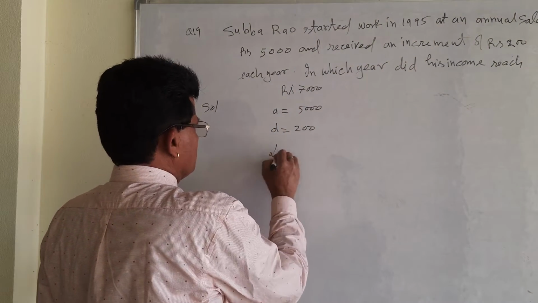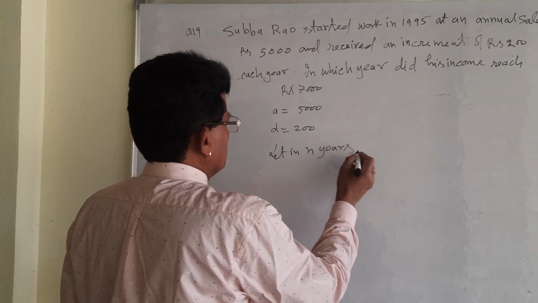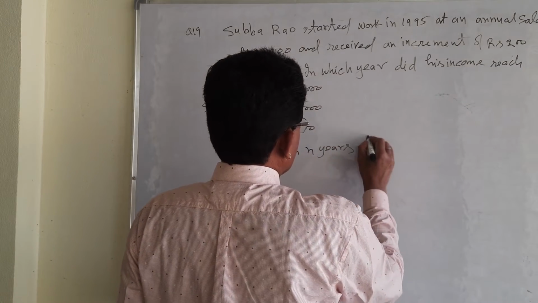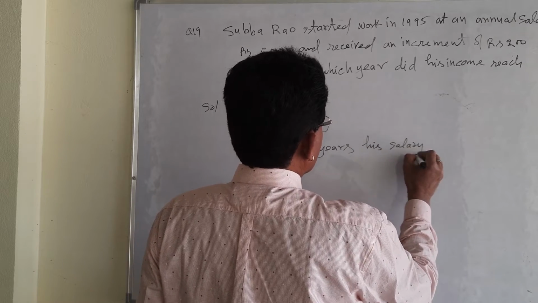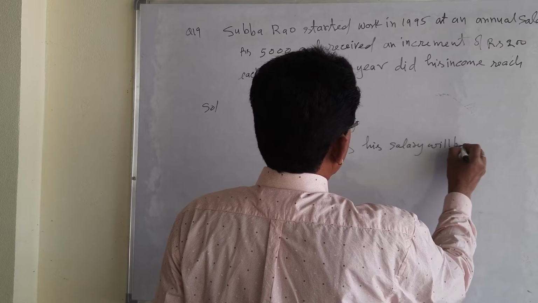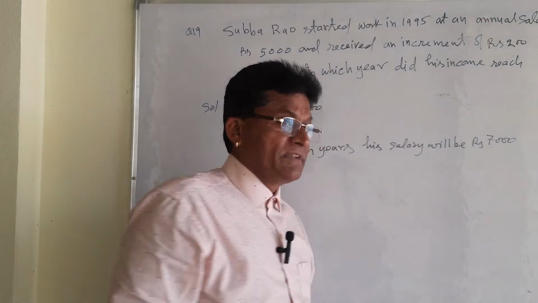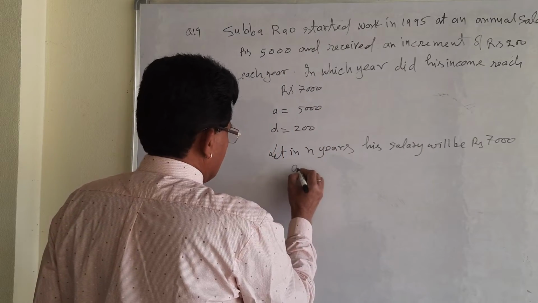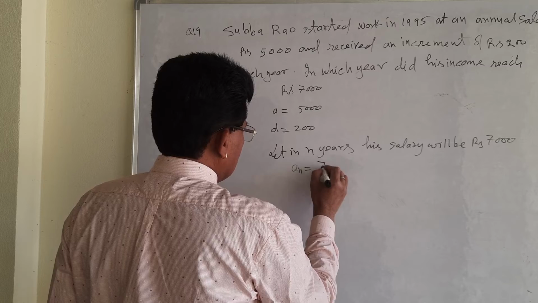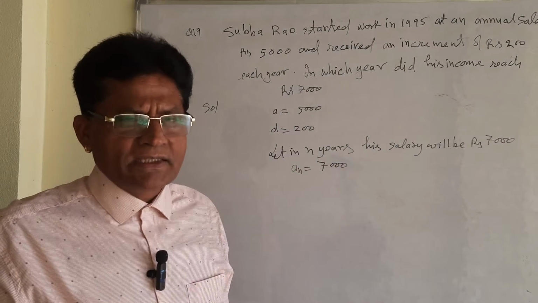Let me assume in n years his annual salary will be rupees 7,000. 7,000 will be the last term. It means An. In n years his salary will be rupees 7,000.